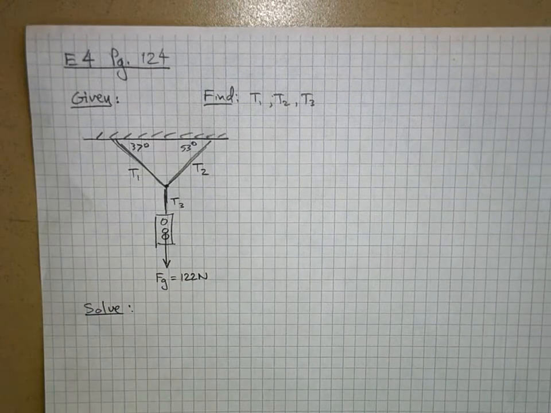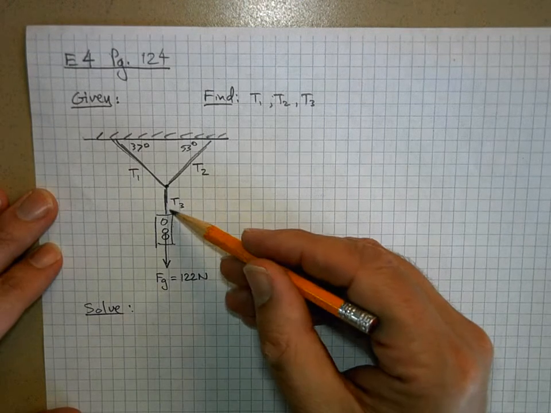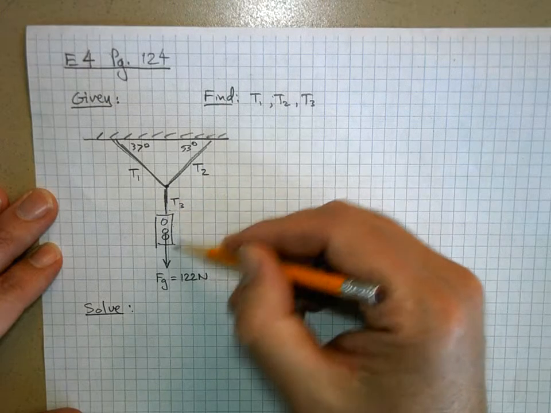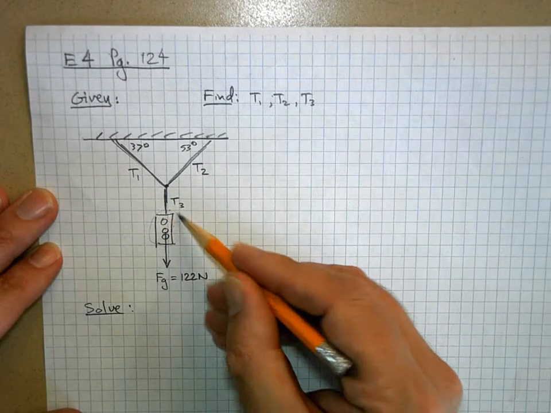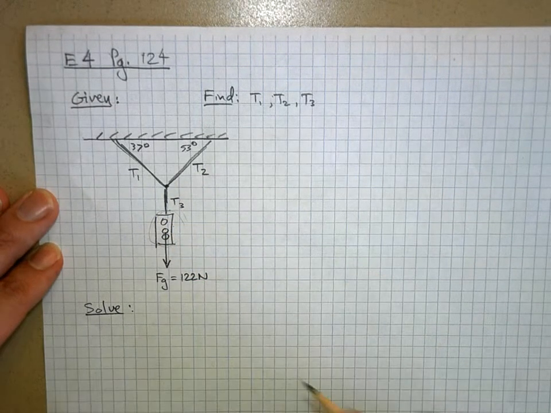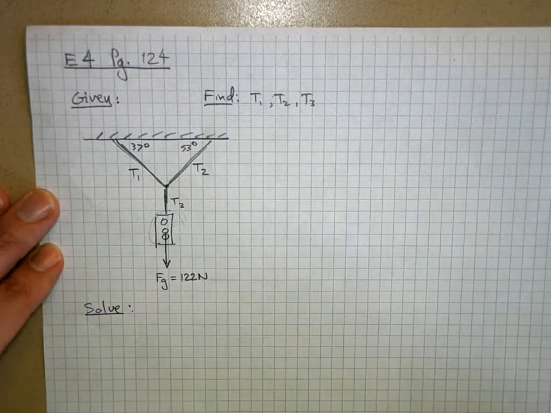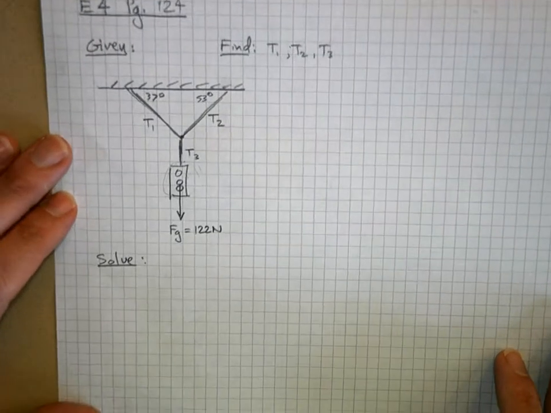All right, now I've done step 1 of the procedure. Step 2, draw the free body diagram. Now there's a couple of free body diagrams you can draw here. One of them is this object right here. We're going to isolate that object. And this is so easy and yet so powerful.